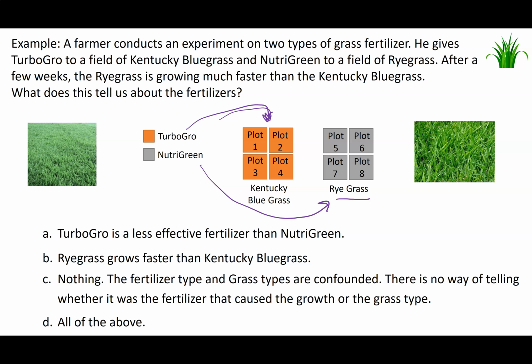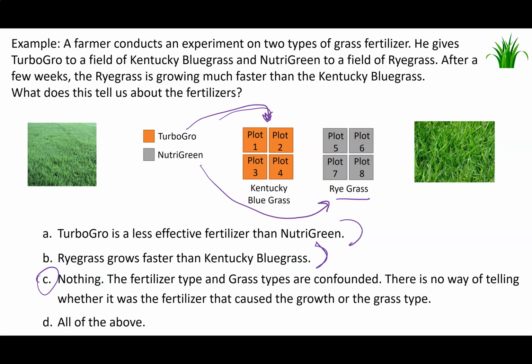So here, turbo grow is less effective of a fertilizer than Nutri-Green. Maybe, but what if it's just the type of grass? We're not sure, right? So that's the problem with the first 2. So I would argue our answer is C. Based on how this is designed, we can't tell anything.